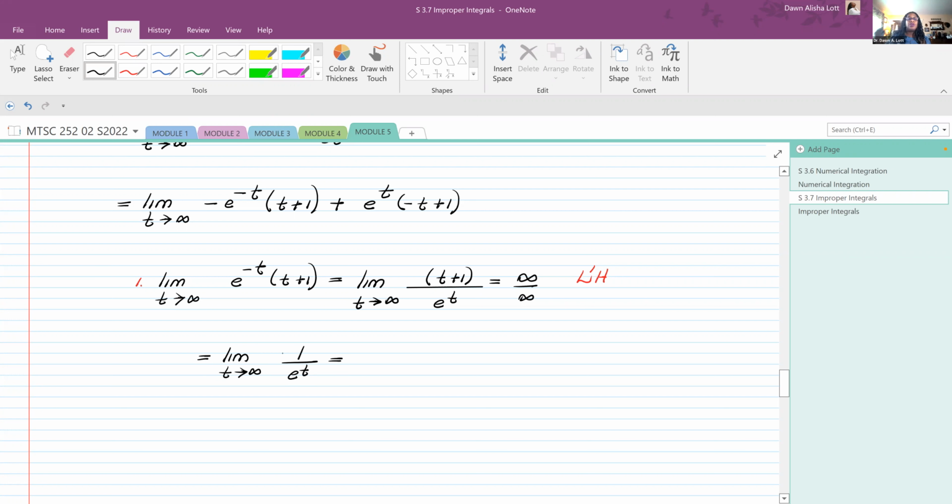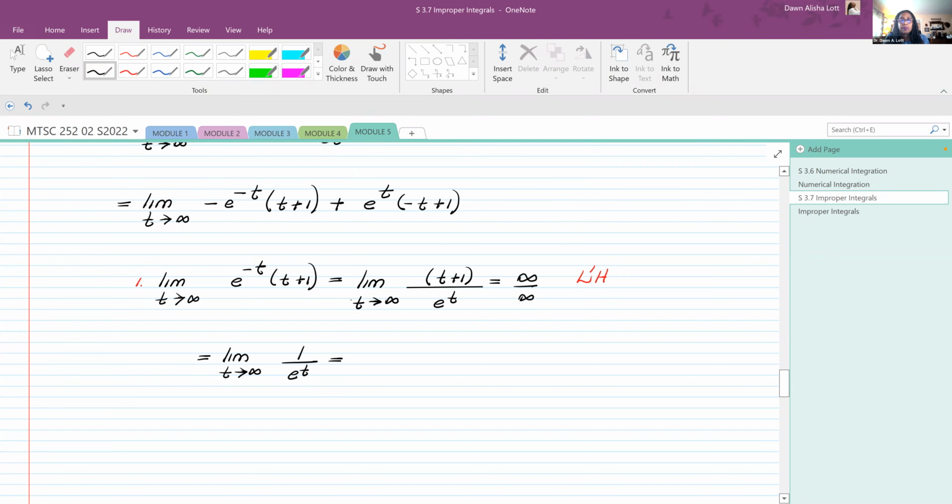Now, what happens to t? As t goes to infinity, it gets huge, it blows up. Therefore, e to the t gets even bigger and blows up. So what is this integral? In the end, this integral is infinity.